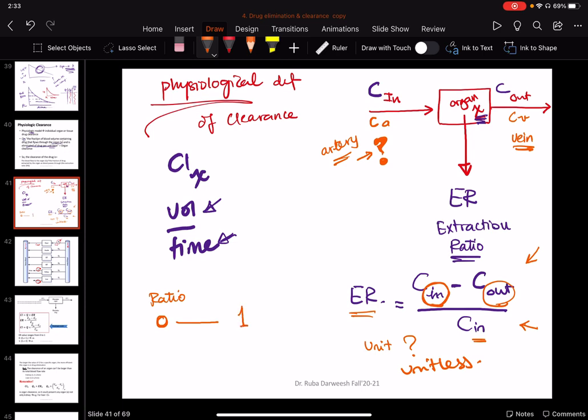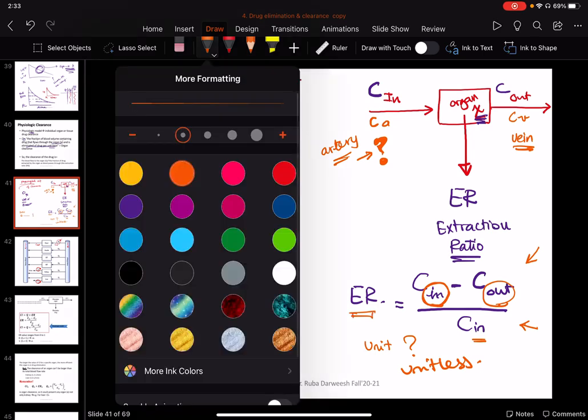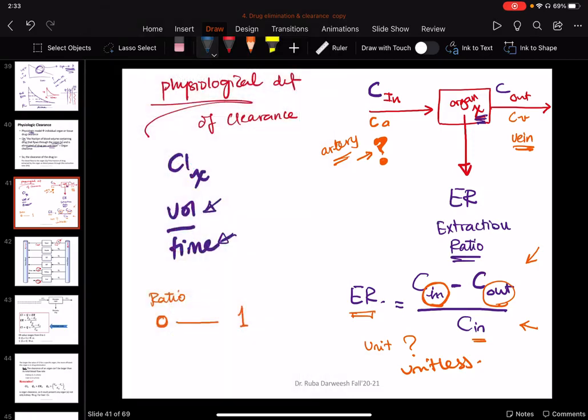If the extraction ratio of a certain organ is 0, it means it's a non-eliminating organ. If the extraction ratio of that organ is 1, it means it's a 100% eliminating organ.